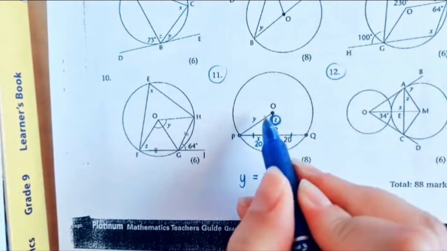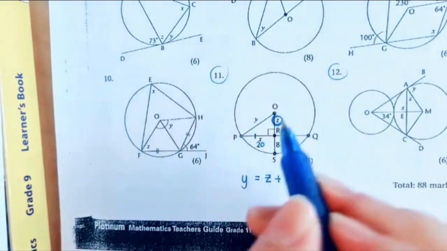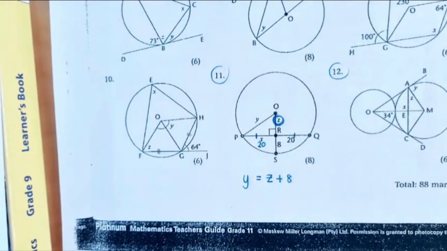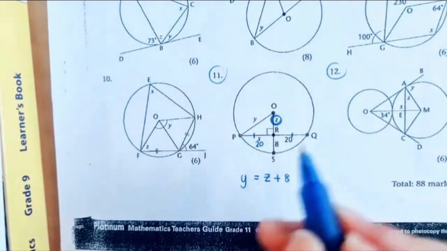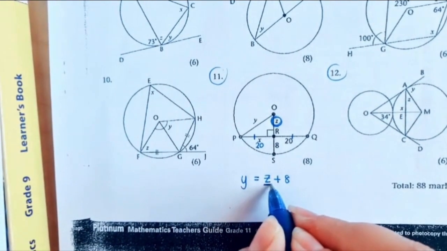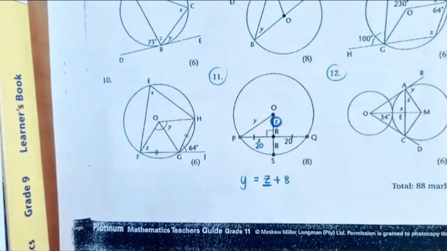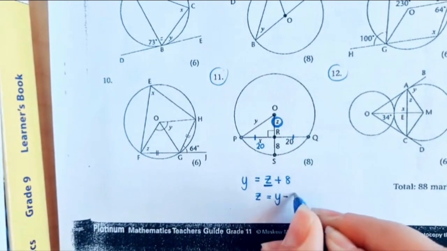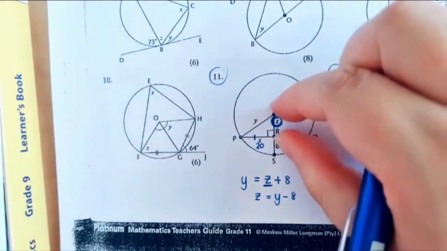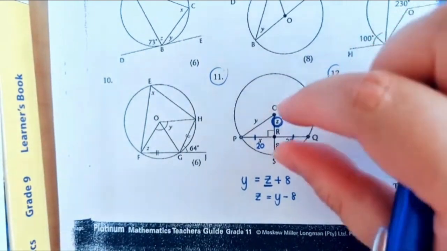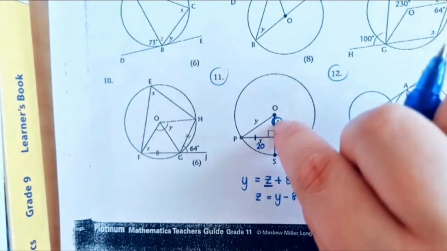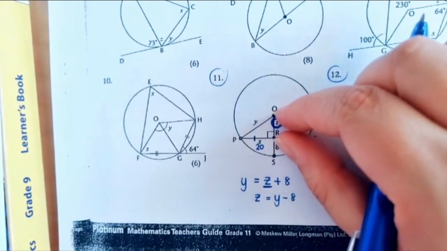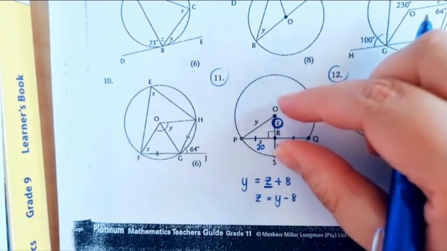Now, we're not going to find a value for z because, like I said already, z comes after y. We're supposed to find that last. But what we can do is make z the subject over here. We can say that z is actually equal to y minus 8. z, this part of that line, is equal to the radius, which is y, minus that bottom bit. So z is equal to y minus 8.